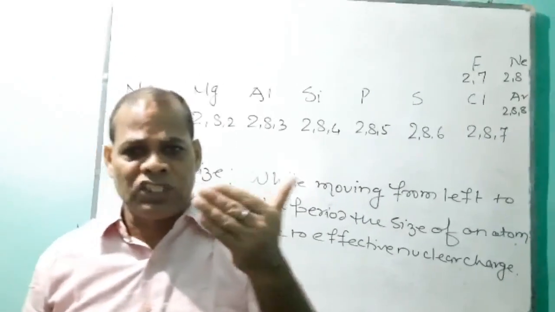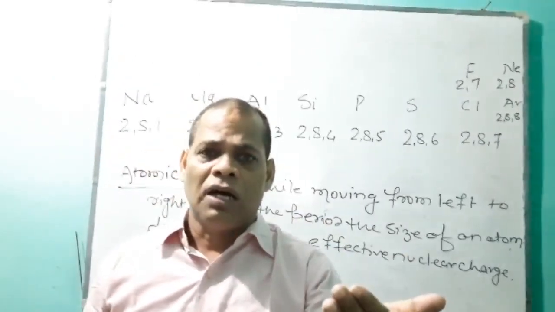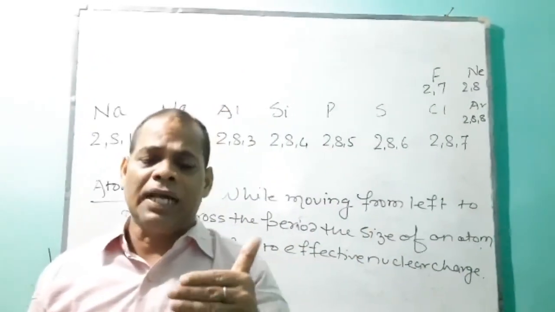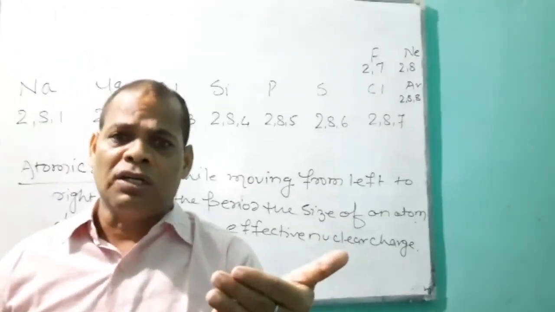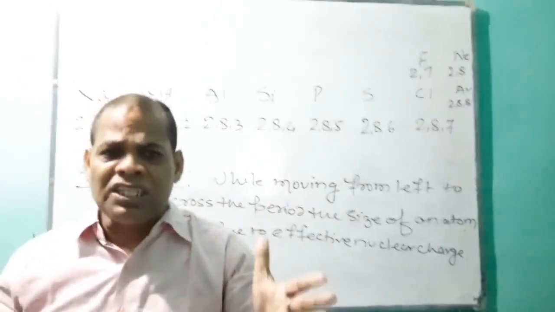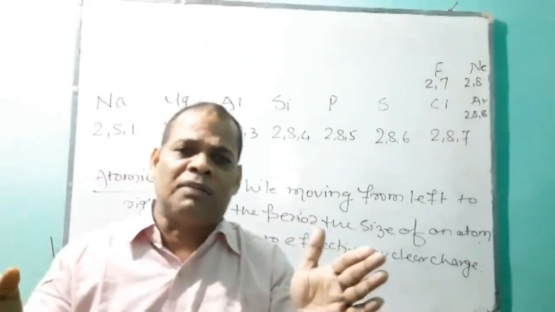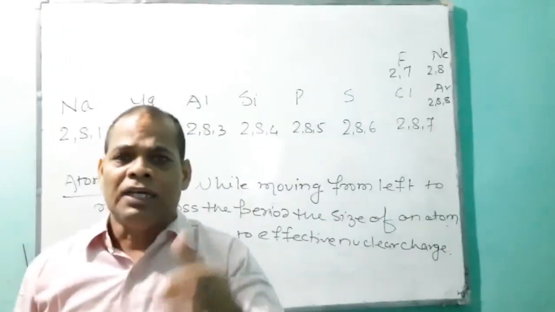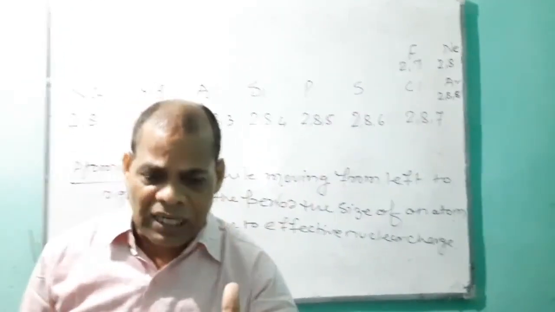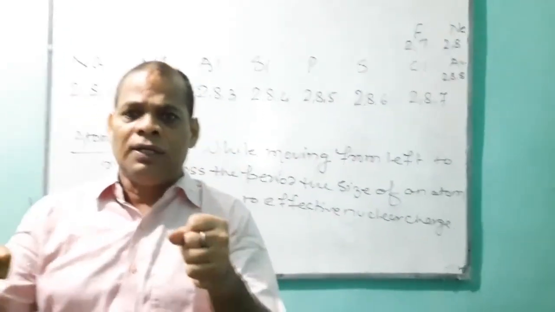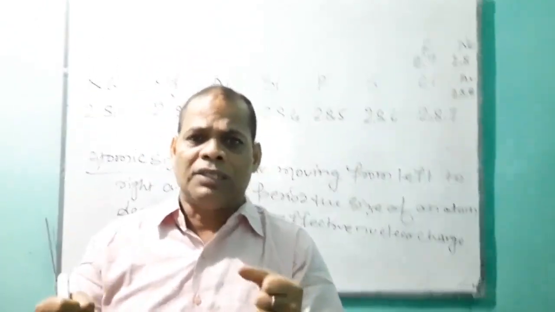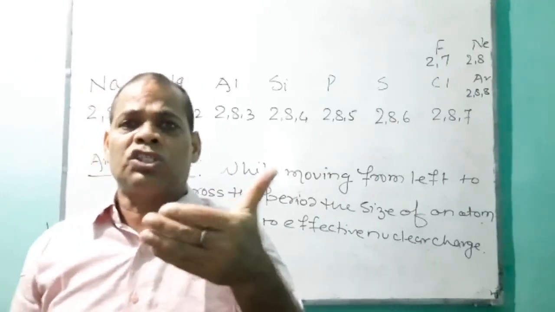Metal has a tendency to lose electrons and non-metal has a tendency to gain electrons. Losing becomes easier when the size of an atom is bigger. When the size of an atom is smaller, the tendency gets less, because the nucleus is holding the outermost shell electrons strongly.